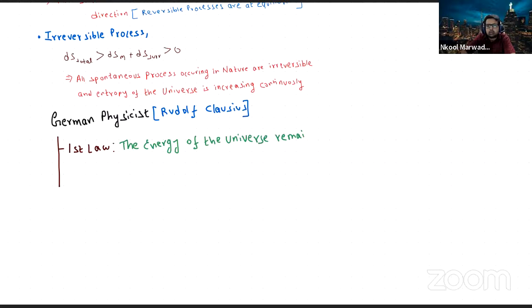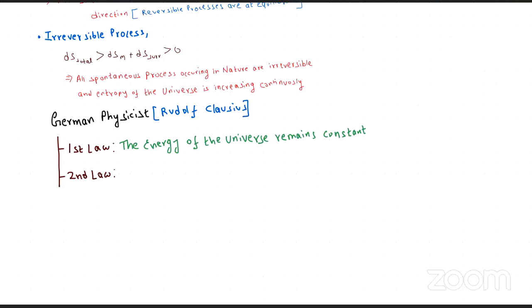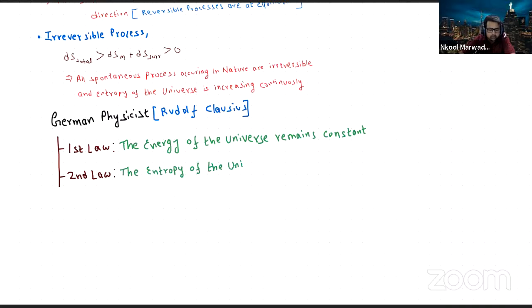And we have the second law, which states that the entropy of the universe tends towards a maximum. It is increasing, increasing, increasing.